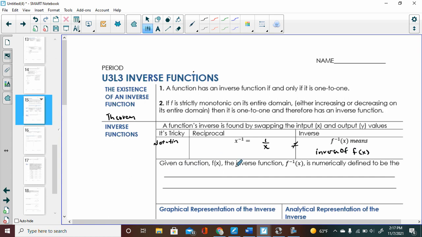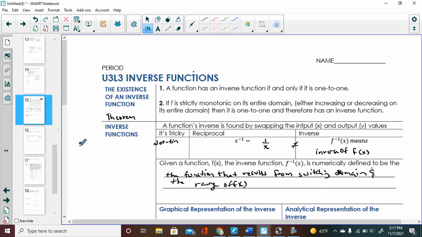So given a function f of x, the inverse function is defined to be the function that results from switching the domain and the range of f of x.